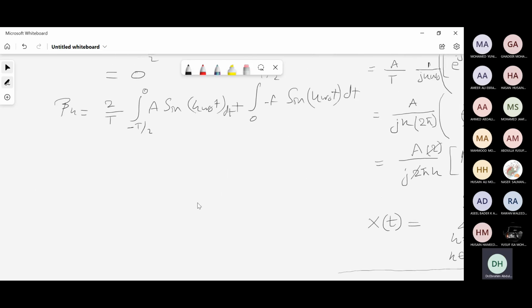If you work with this one, we can take 2a divided by t as a constant for both.